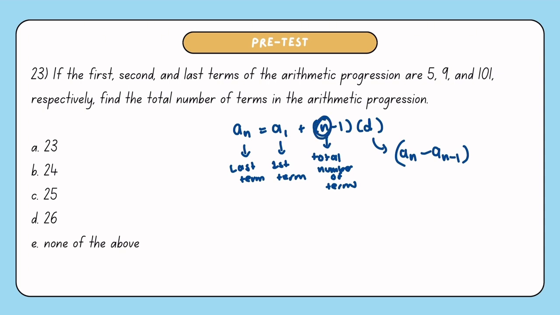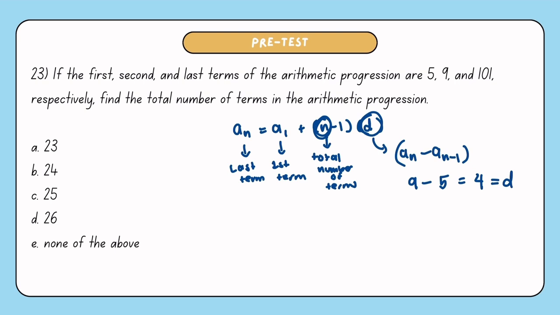And to do this, una, kunin muna natin yung value ni d. We can use the values of the first and second terms with 9 as an and 5 as an minus 1. So, 9 minus 5 equals 4. Since meron na tayong value ni d, pwede na natin i-plug in yung corresponding values ng variables.